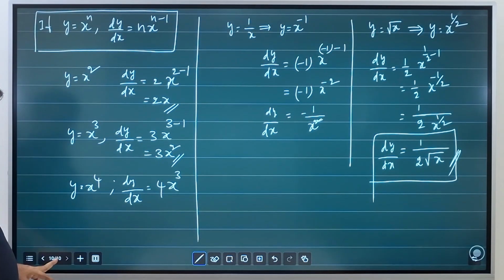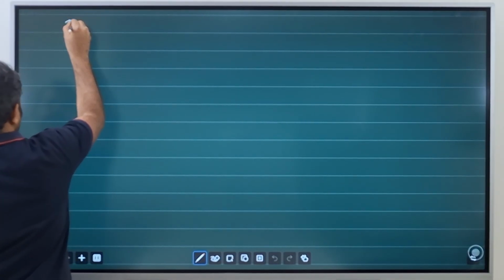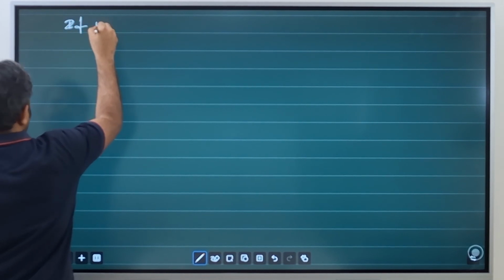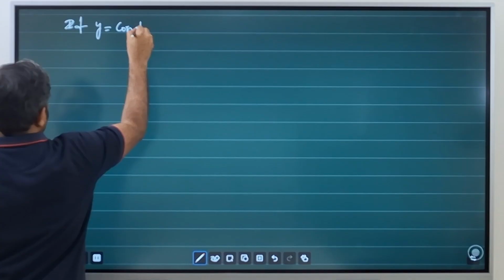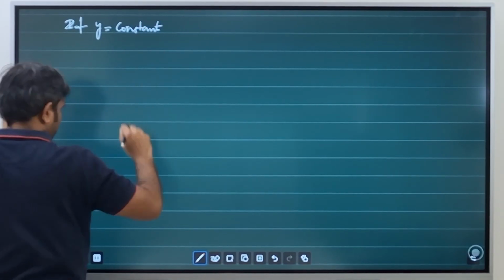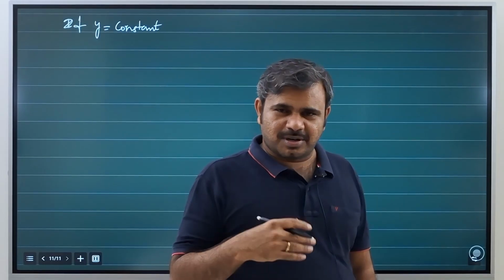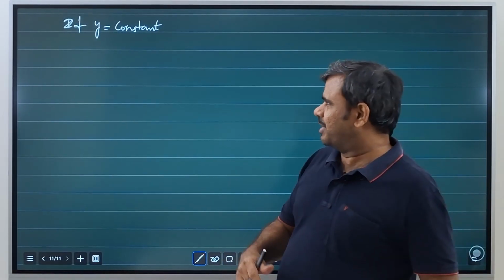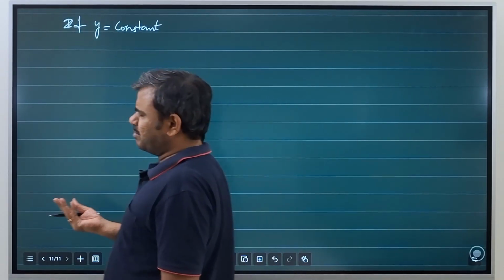If y is a constant, what it means is y is not changing. Y is not a variable. It's not a variable physical quantity, it's a constant physical quantity, or it's some number.